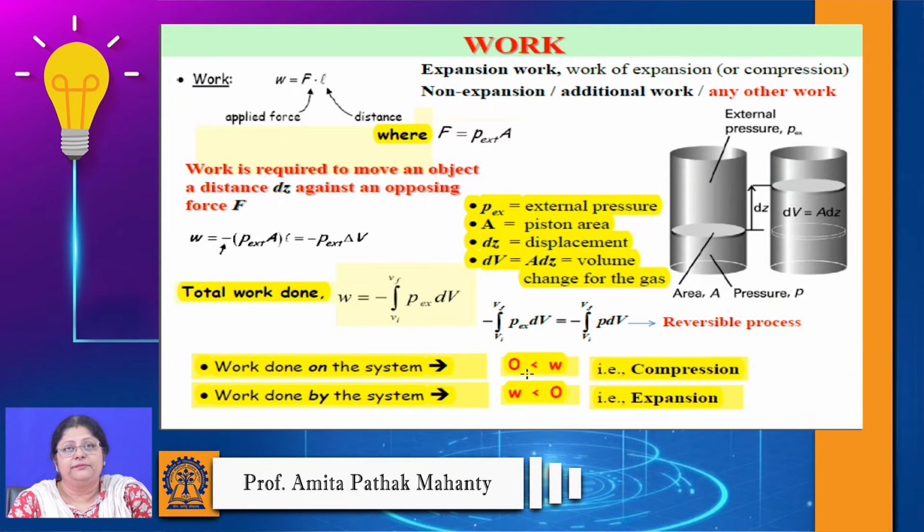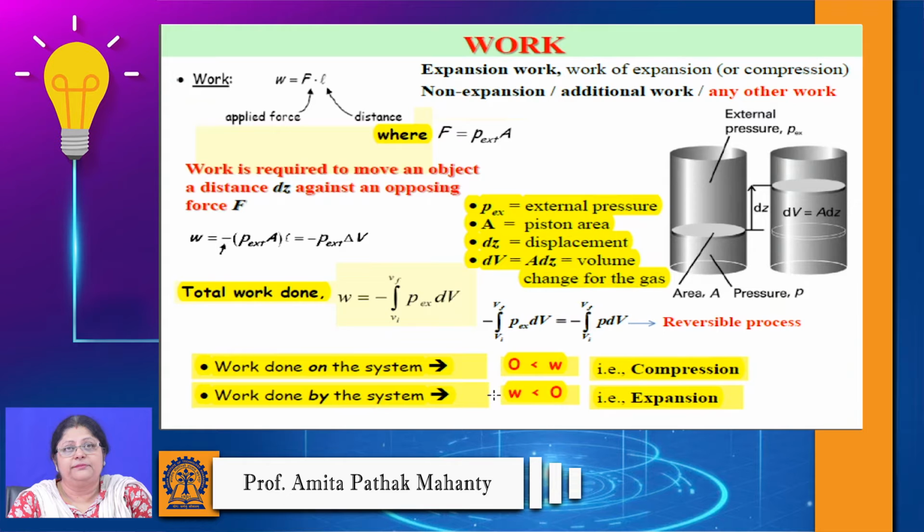When you have an expansion, it means volume is increasing. So if you are having an expansion, work done by the system, then the volume is increasing. Remember the volume change only, then you can do the convention of the work very easily. So whenever we are talking about minus work, we are not talking about minus work as such.